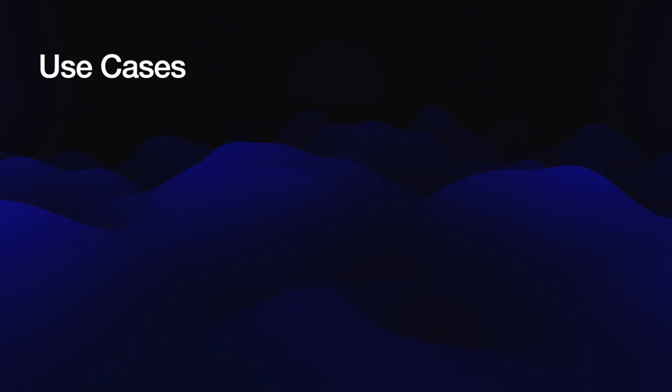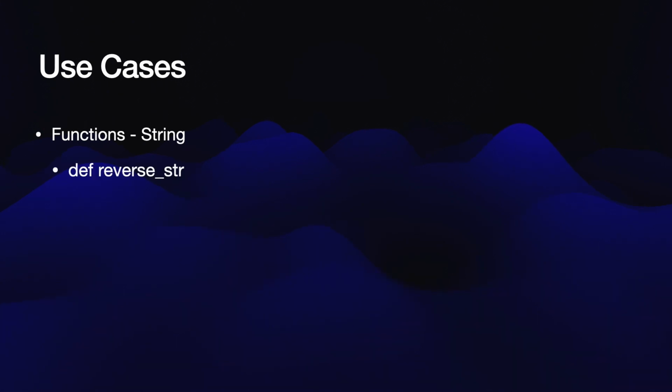For our use cases, we are going to take two separate types of examples. First, we want to test some functions. We'll have our own module, and in it we'll first write a few string functions to demonstrate how this tool is applicable to any complex functional programming.